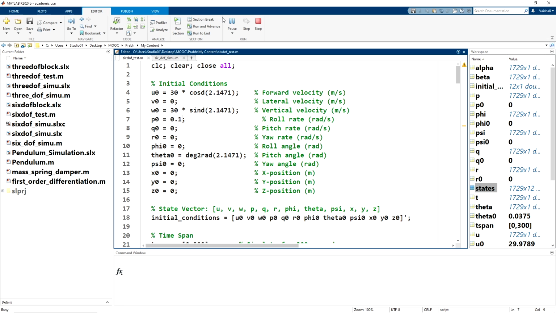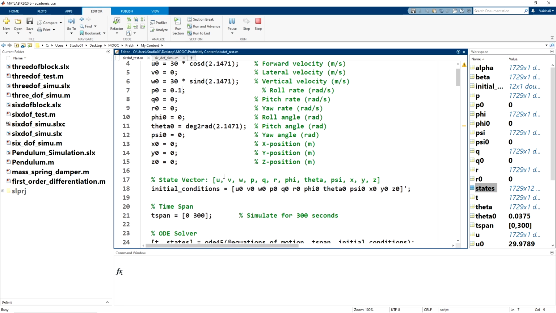It is running, still running. If you see the bottom left, it is showing as busy. It is still running. So what it means is the solution is not able to converge to a finite value. So ultimately there is no solution for this. That means the aircraft is no longer at an equilibrium point.